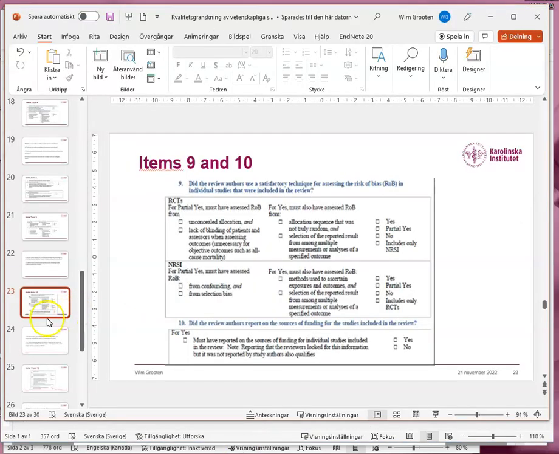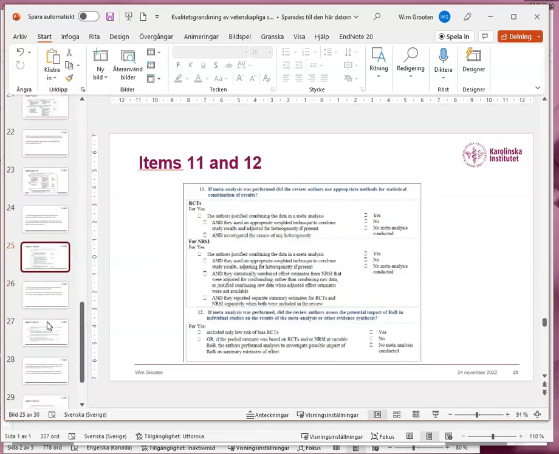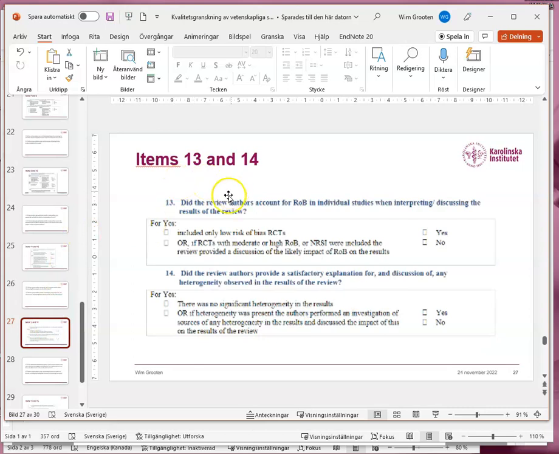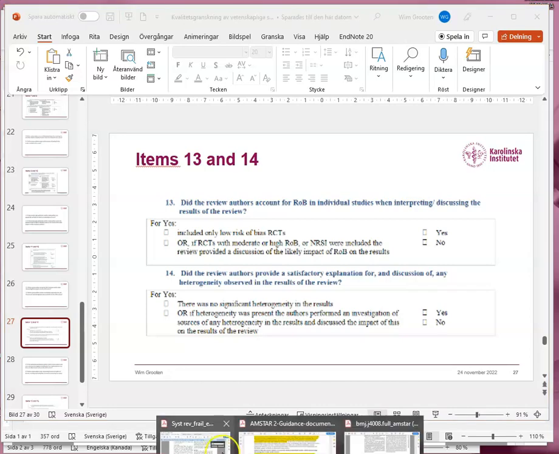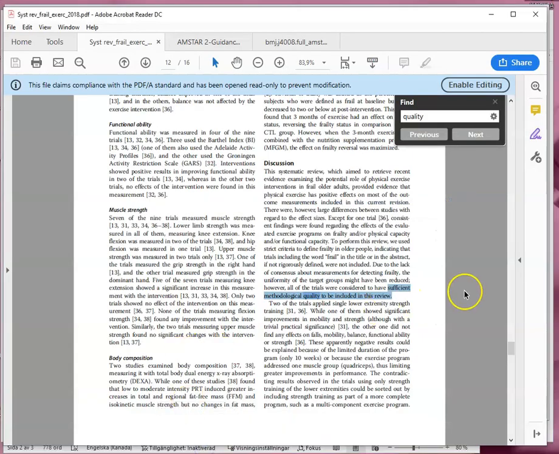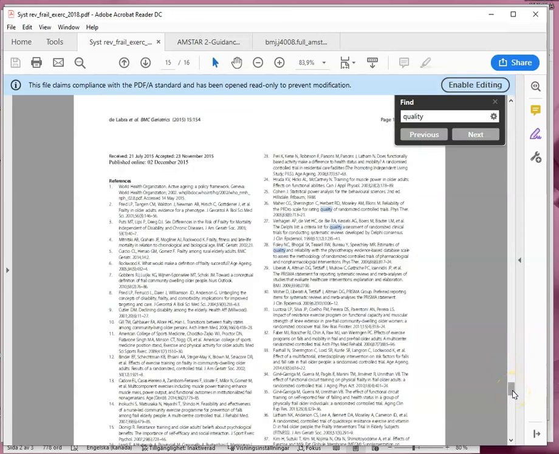And let's go to this one. Maybe that's good. 13, 11, and 12. We have done this. 14: did the authors provide an explanation or discussion of the heterogeneity observed? There was no investigation of the heterogeneity. Yeah, but I remember when I looked for this quality, I saw that they have also a large variation.